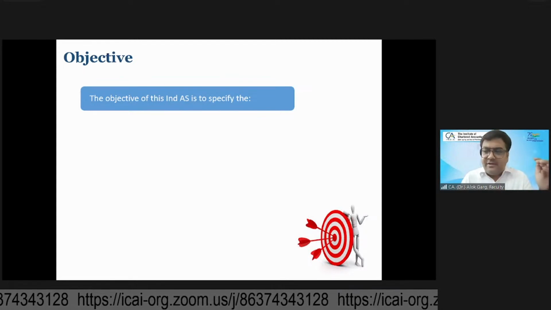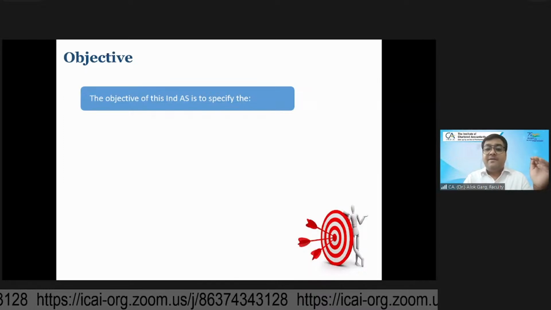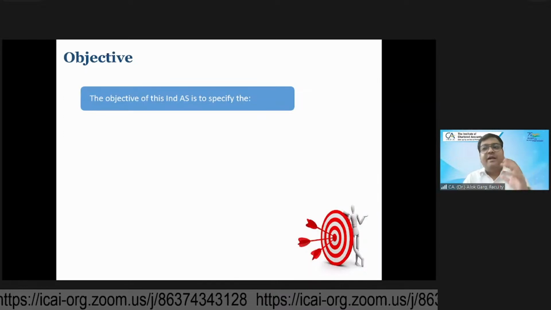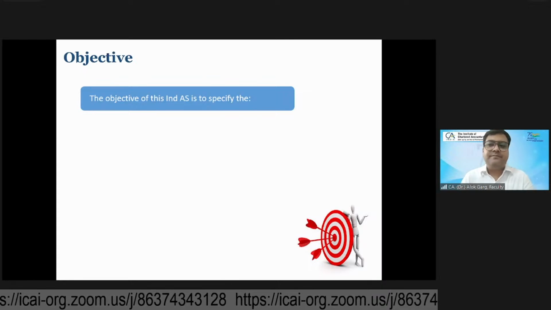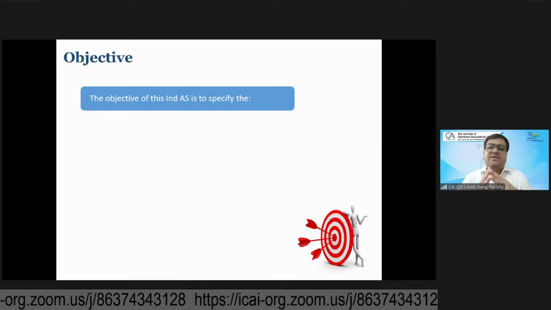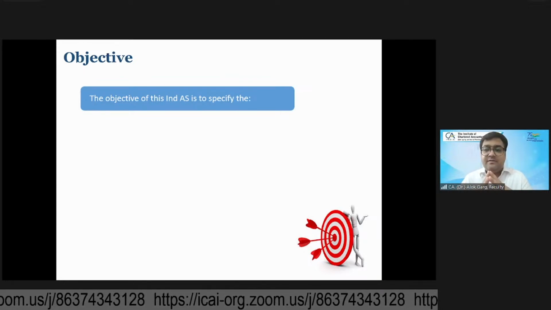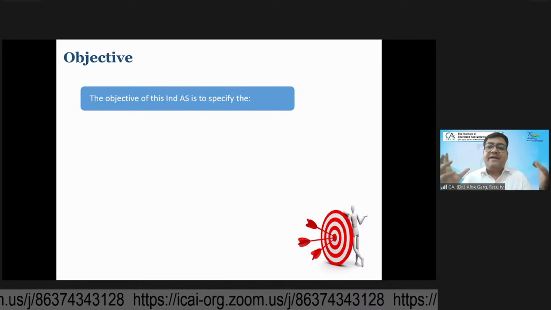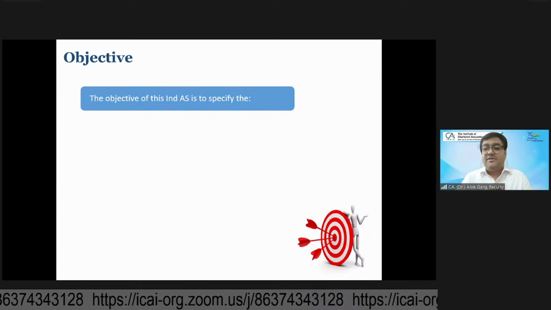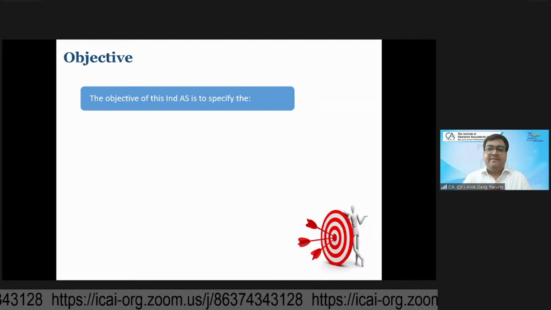So the first one is an individual asset held for sale, which is known as a non-current asset held for sale. The second one is a group of assets held for sale, which is known as a disposal group held for sale. The third one is discontinued operations. And what is discontinued operations? Let's say I have two factories in the Delhi area. Now Shriya told me, "Sir, I don't want you to continue your business in Delhi.